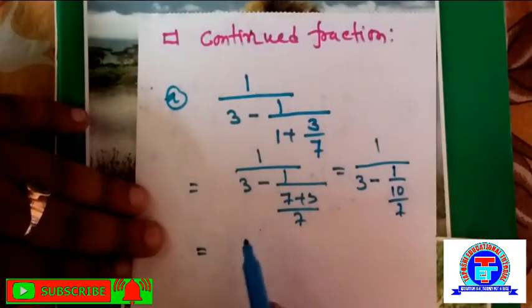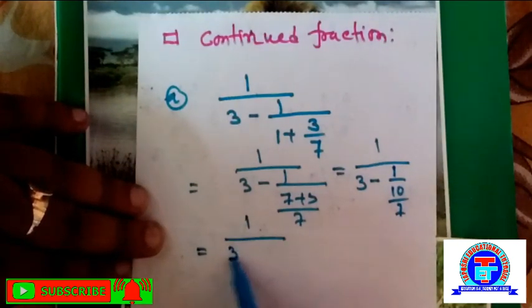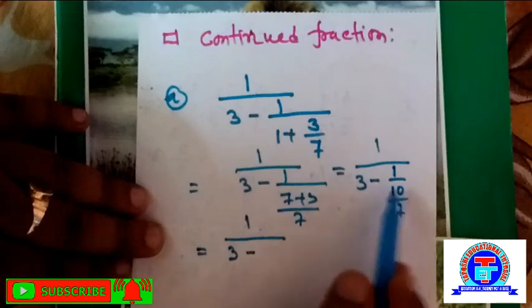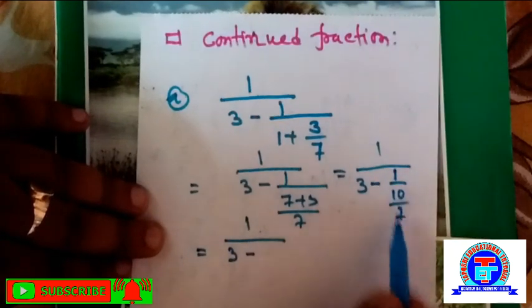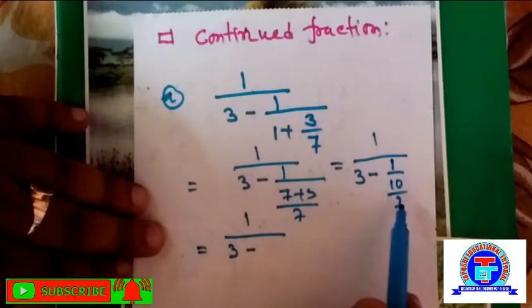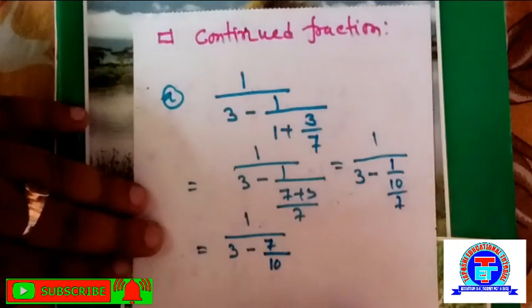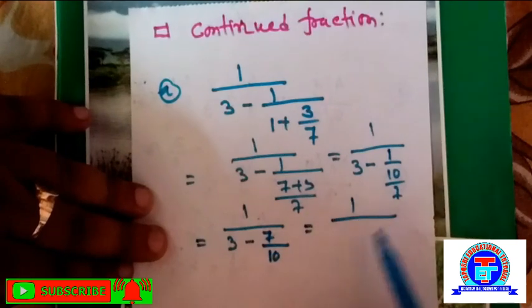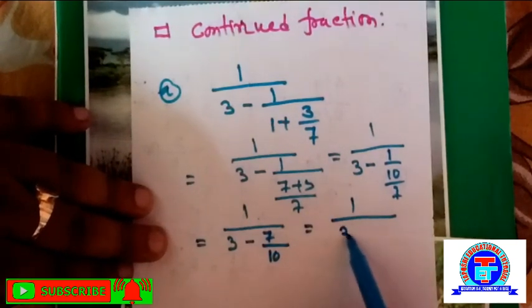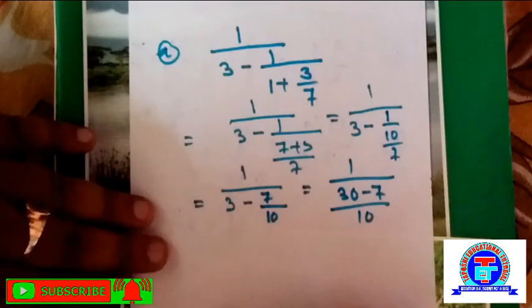Now the fourth step, here we do 1 by 3 minus, this one became a reciprocal fraction. Okay, so the 7 became the numerator and 10 became the denominator. Now it will become 1 by 30 minus 7 by 10, right?